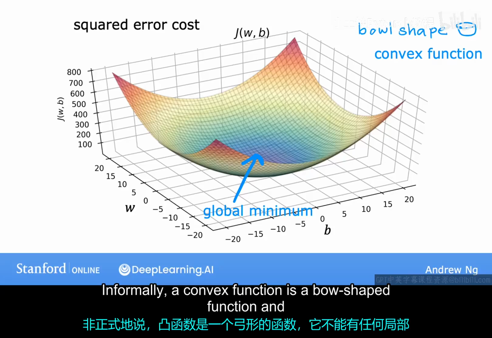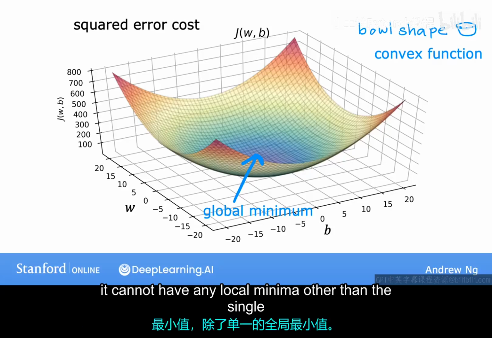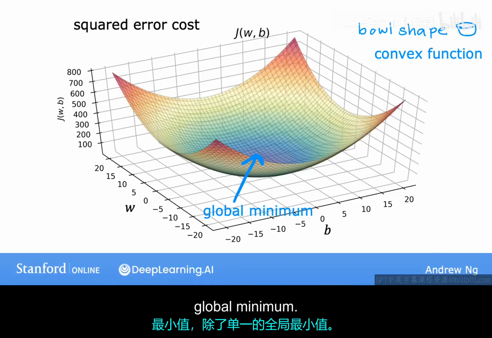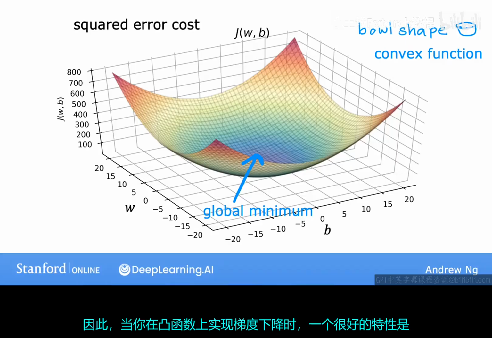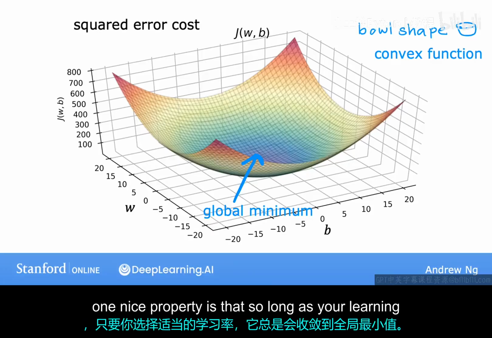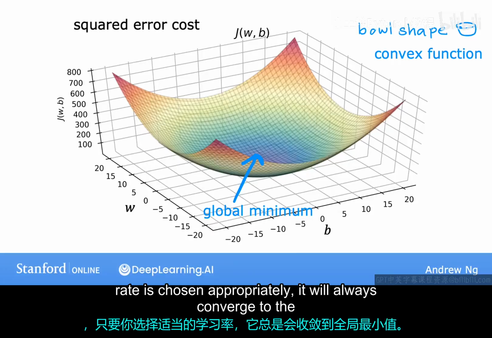Informally, a convex function is a bow-shaped function, and it cannot have any local minima other than the single global minimum. So, when you implement gradient descent on a convex function, one nice property is that so long as your learning rate is chosen appropriately, it will always converge to the global minimum.